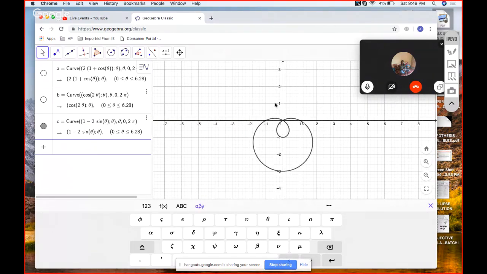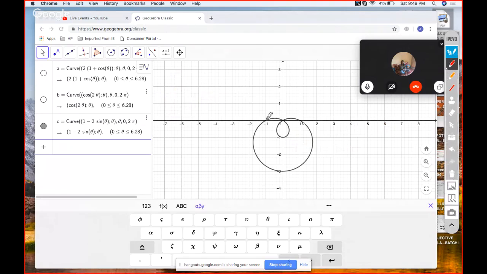So you have to find this small loop. Wait, so can you go back to the question? Is the limacon only that part? No, it's given in the question. Find the area of the small loop.